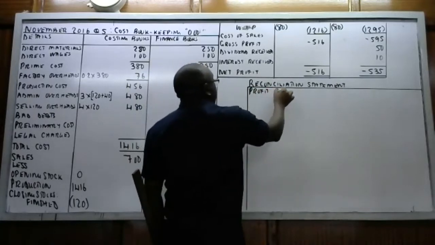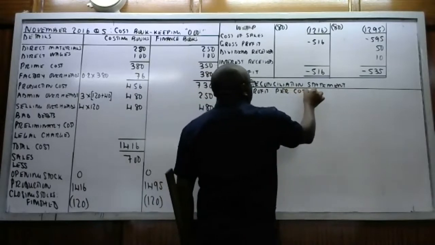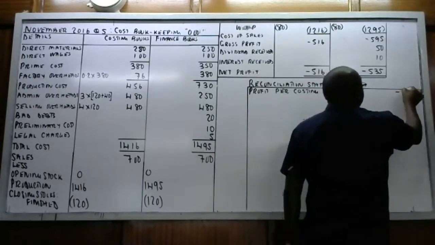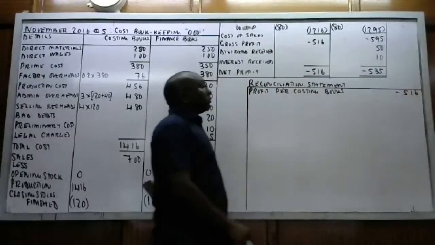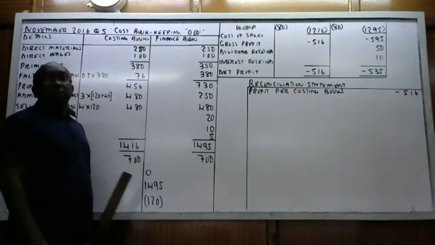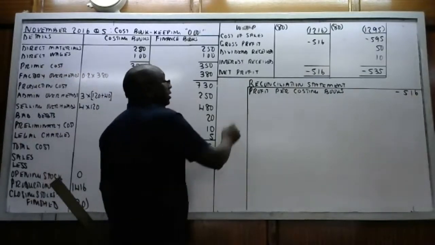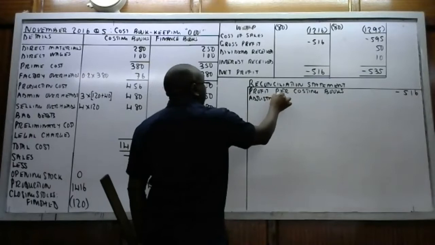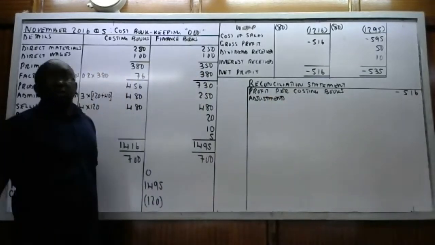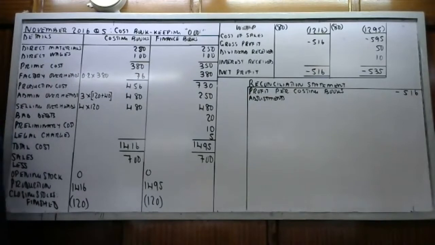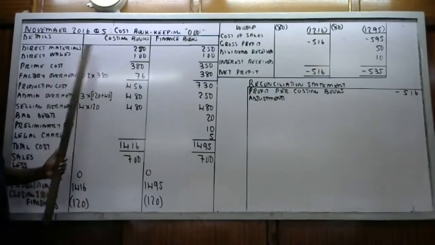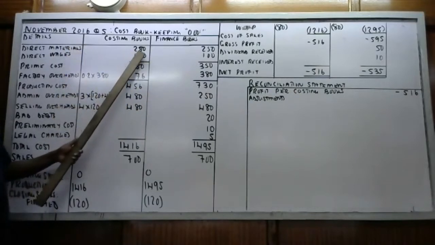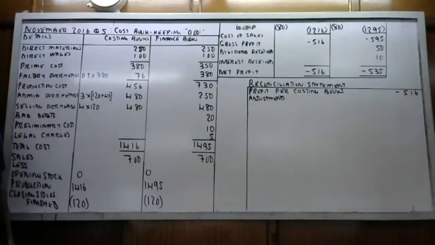Profit per costing books is minus 516. Then adjustments. Adjustments, this one becomes very simple because what you do is simply to go checking the amounts, whether they are different. Naona sasa kama hii ya material is different, hii ni 80 na hii ni 50.